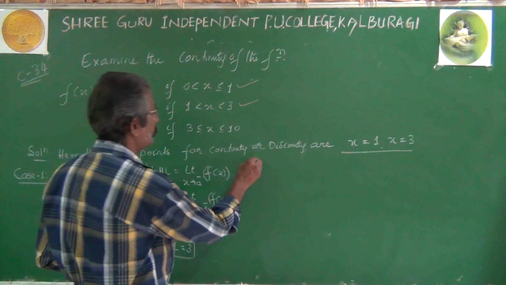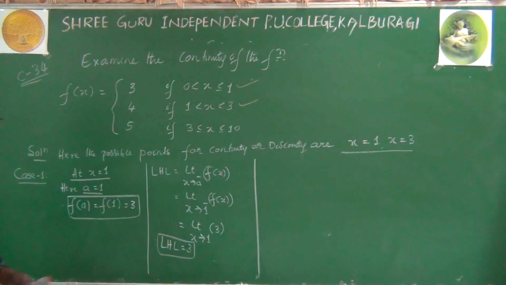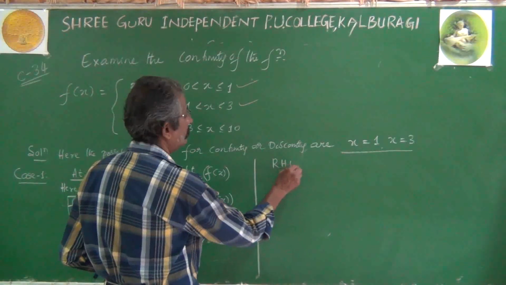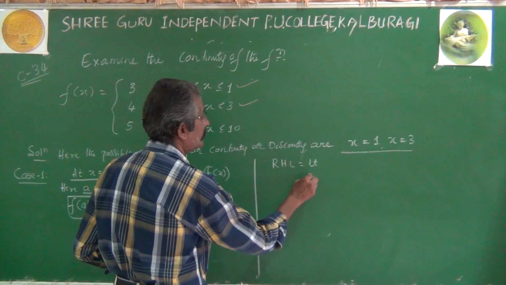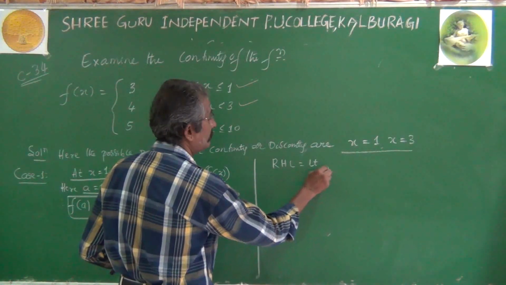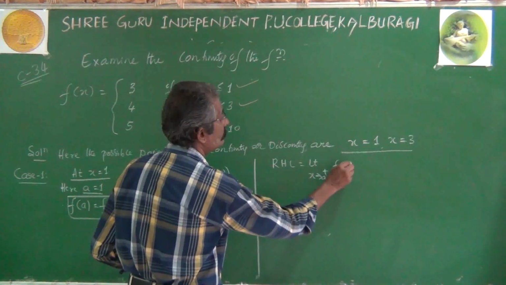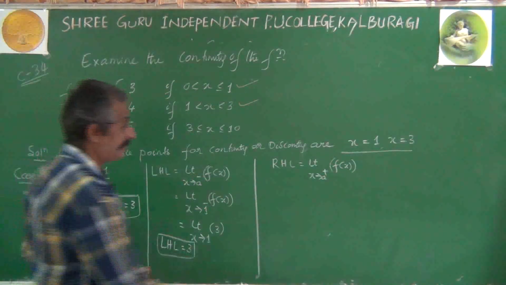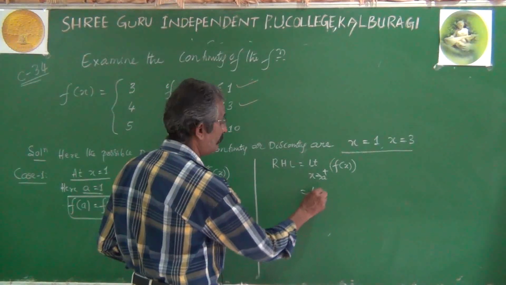Right hand limit, RHL. Limit x tending to a plus of f of x. That is limit x tending to 1 plus of f of x.